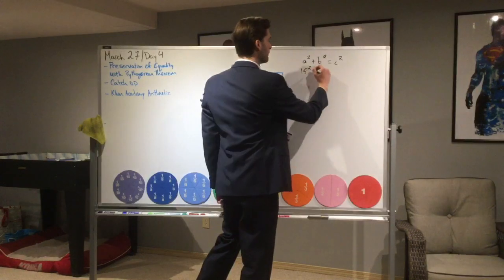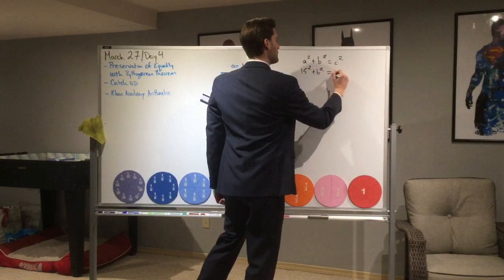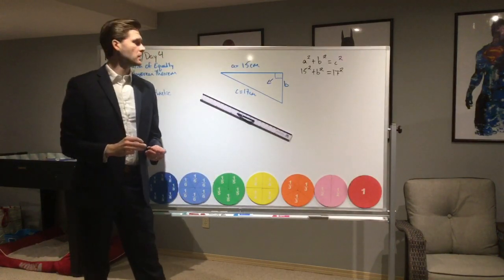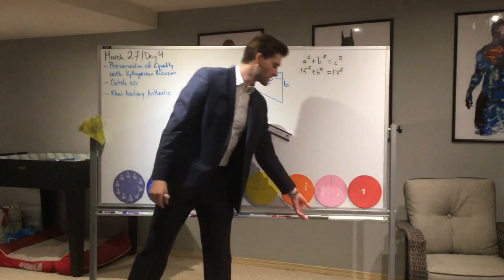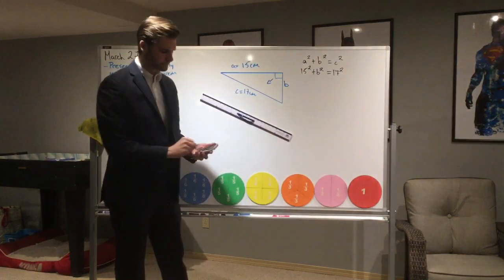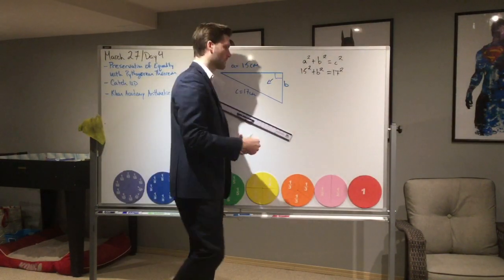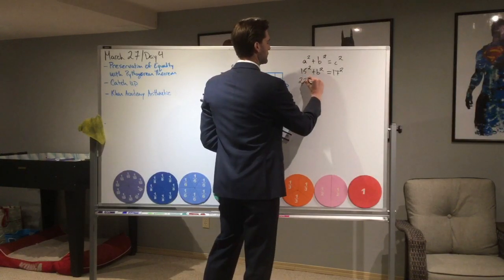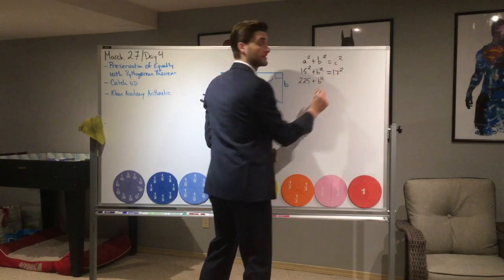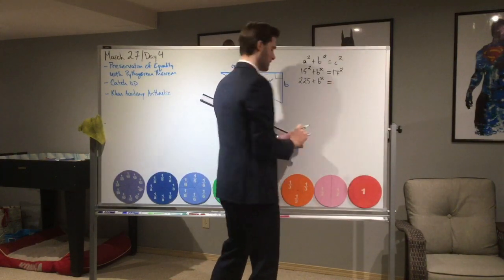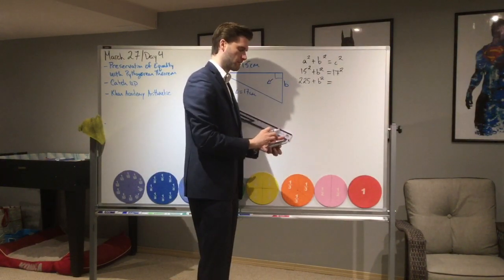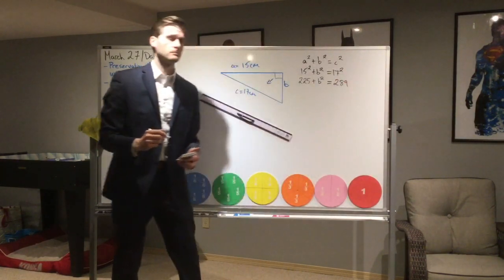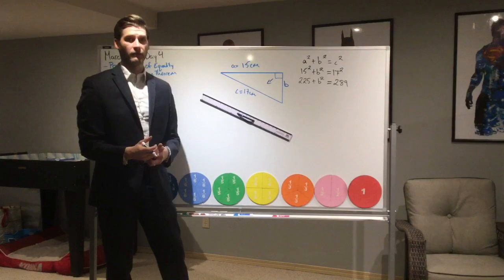I don't know B. And C is 17 squared. So I'm going to grab my calculator and I'm just going to write 15 squared, which is 225. I still don't know B. And I do 17 squared is 289. And that's where I'm at right now.